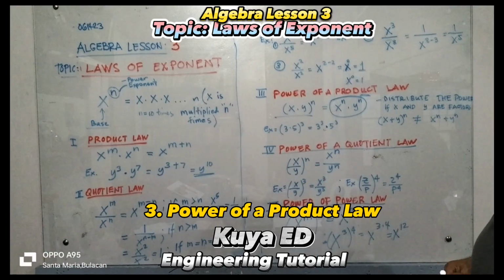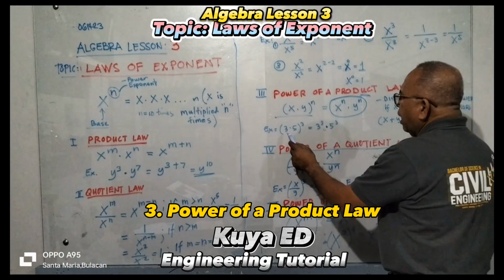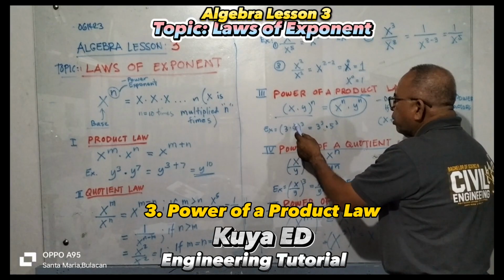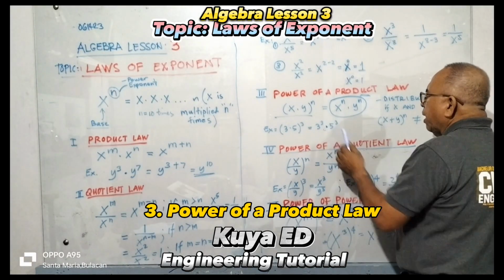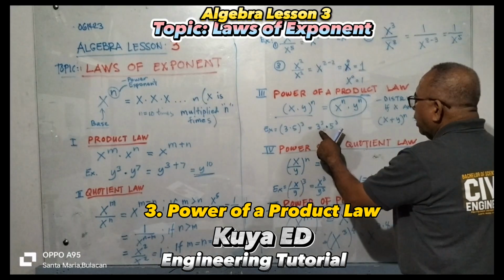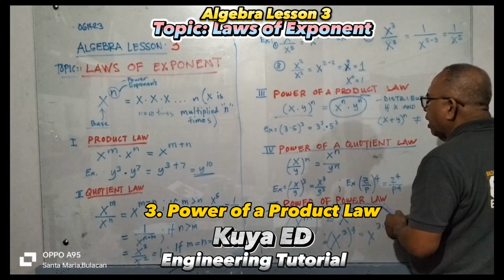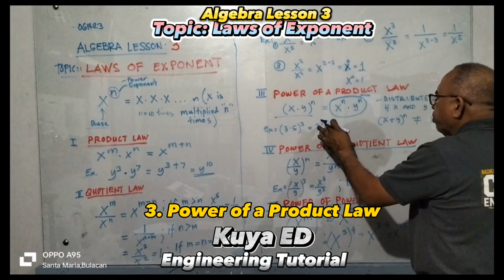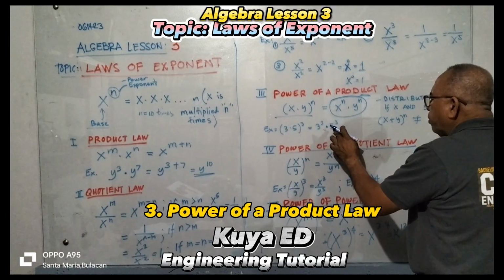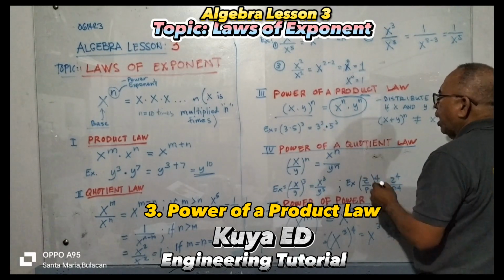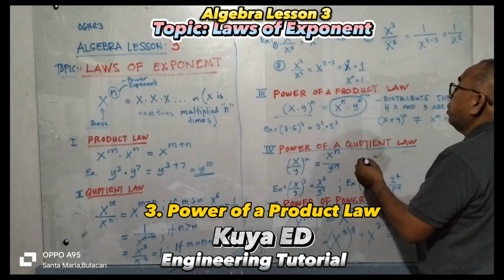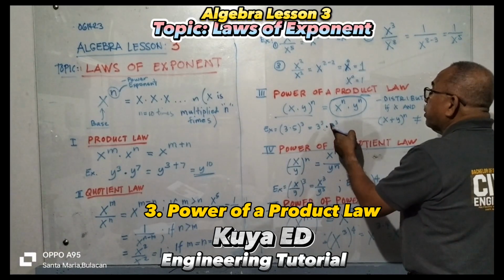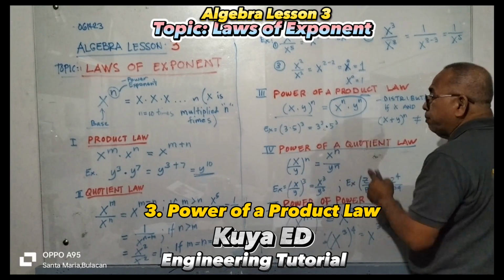Okay? So, example natin, 3 times 5 raised to the cube. O, equal yan sa 3 to the cube times 5 to the cube. So, ano ba ang 5 to the cube? So, 5 times 5, 25 times 5.